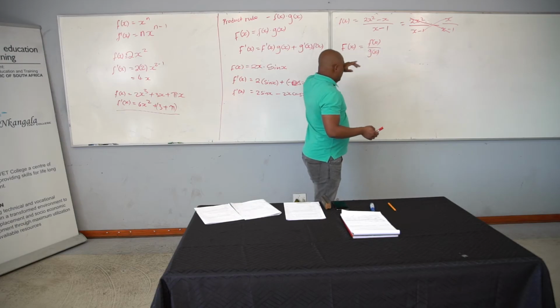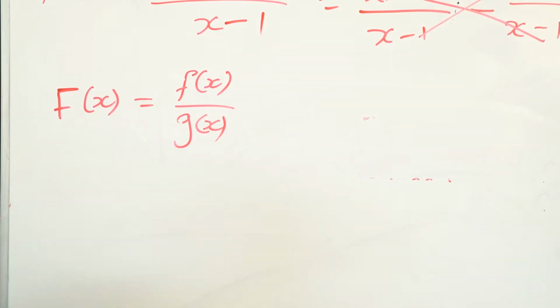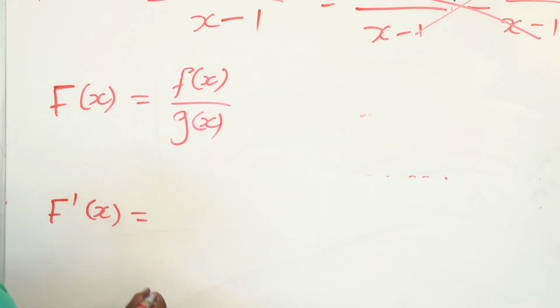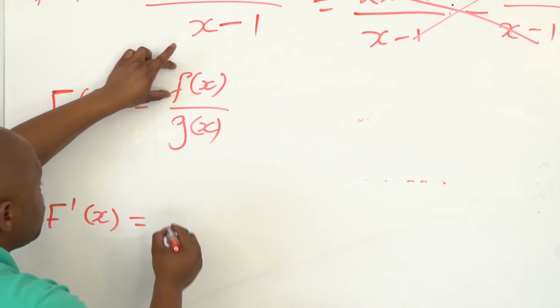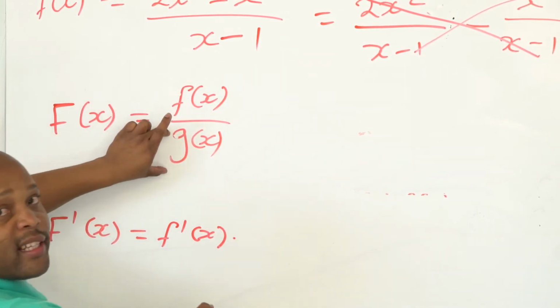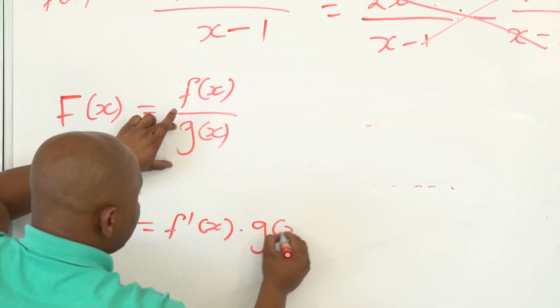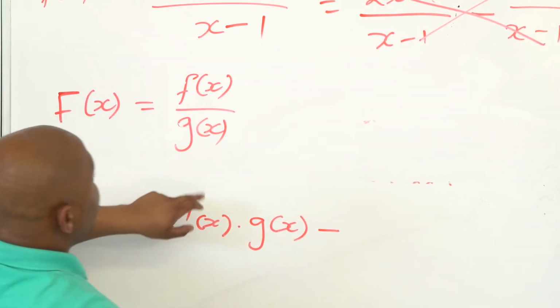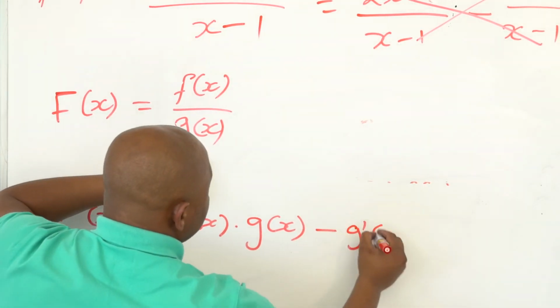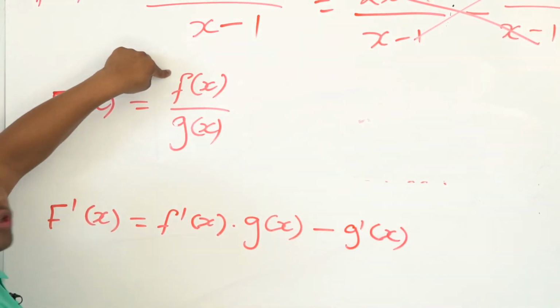The rule says that if you have a function like that, you can differentiate it as follows. You differentiate the top, so it's going to be f'(x) multiplied by, you keep the one at the bottom, g(x), minus, I differentiate now the one at the bottom, so it's going to be g'(x), and I keep the one at the top. So it's going to be what?